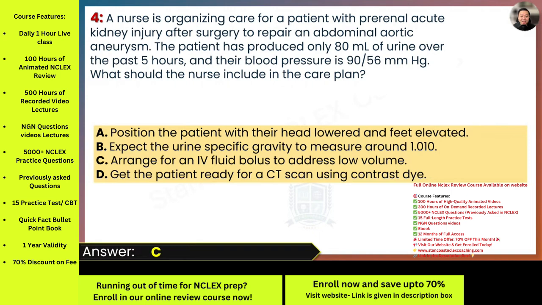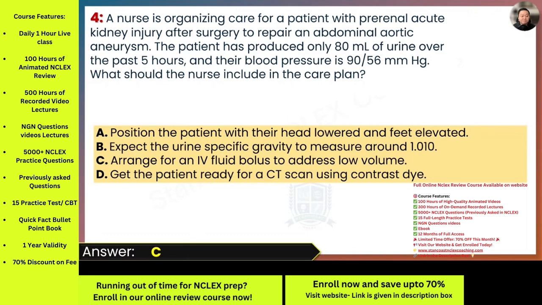And again, in pre-renal acute kidney injury, the kidneys are trying to conserve water because they're not getting enough blood flow. And so the urine specific gravity tends to be higher, usually around 1.030 or greater. And so this means the urine is more concentrated as the kidneys are trying to hold on to the water.